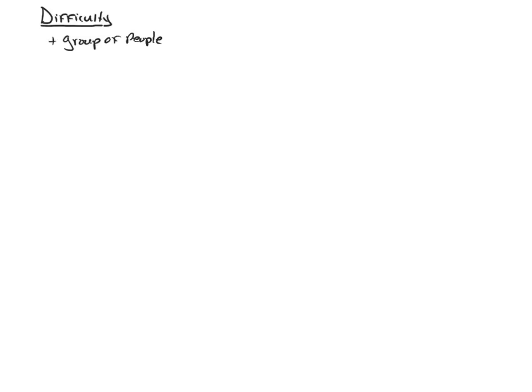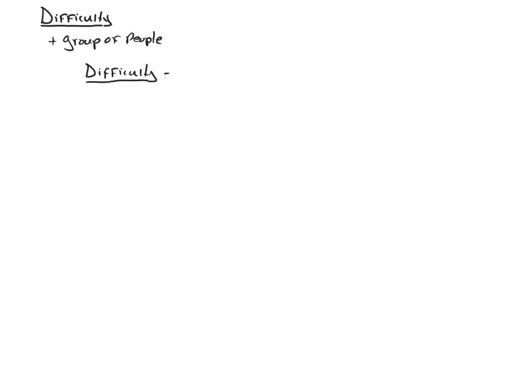Well, calculating the difficulty is actually very easy. All right, this is the difficulty. Some people may call this the difficulty index, or the index of difficulty. We'll just call it the difficulty.